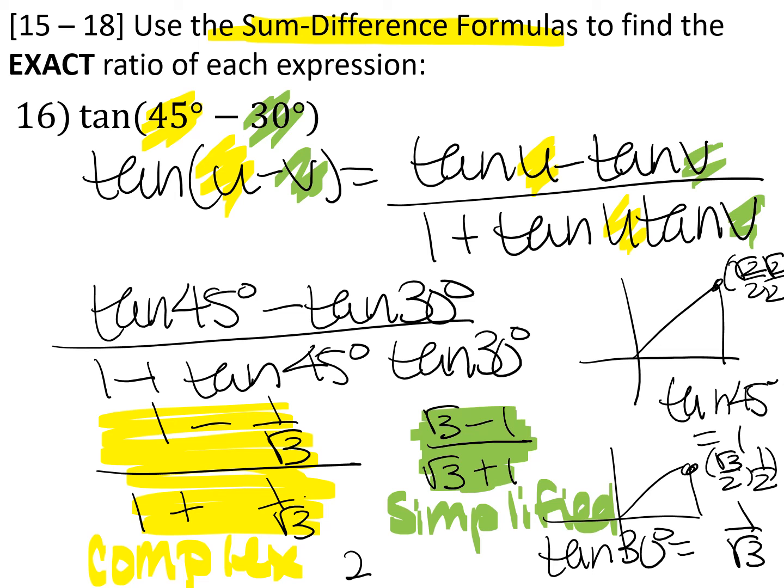Then I would have that multiplied up here, so root 3 times root 3 is 3, and then negative 1 times root 3, negative root 3, so it'd give me negative 2 root 3, and then a positive 1. So I'd end up with 4 minus 2 root 3, and then I divide everything by 2. So I'd end up getting 2 minus root 3, and that would be a rationalized version.